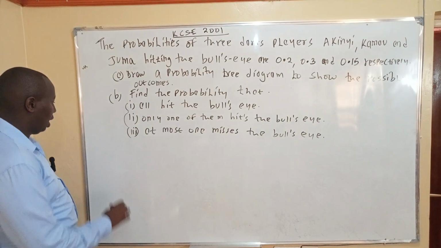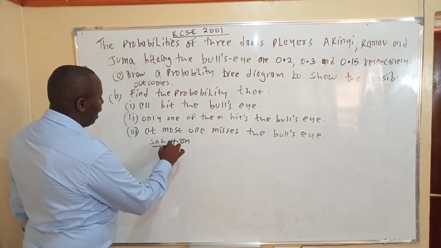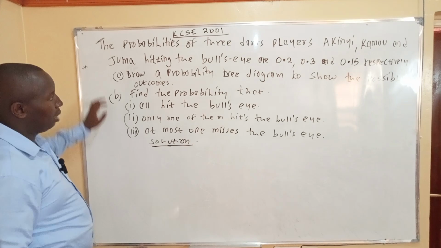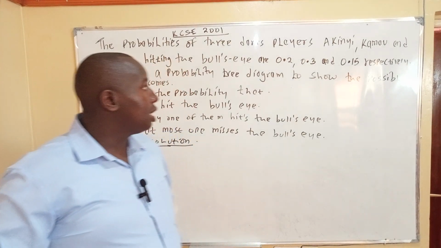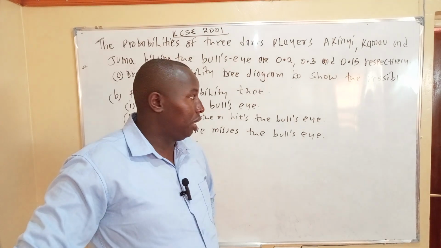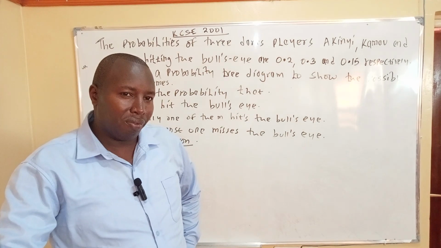Question 1, question A. We are told to draw the tree diagram to show the possible outcomes. Now, the probability of Akinyi hitting is 0.2. That of Kamau hitting is 0.3. And that of Juma hitting is 0.15.